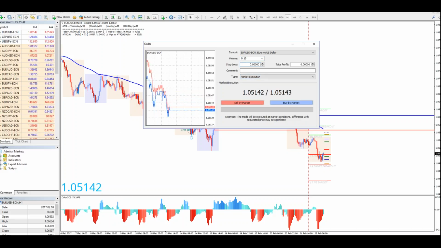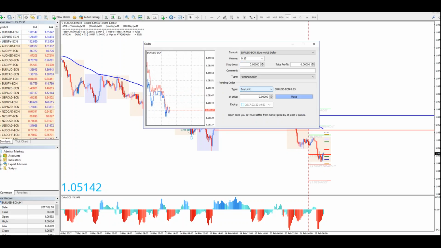I want to buy this, and I will buy this pending order, buy limit. We will use, let's say, 0.15 lot at the price 1.0455. Stop loss is 1.04.